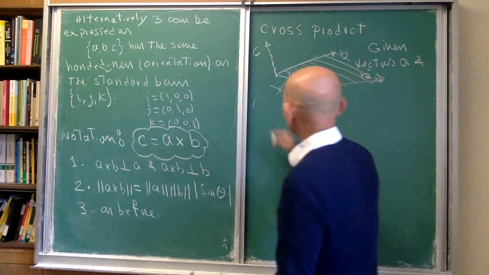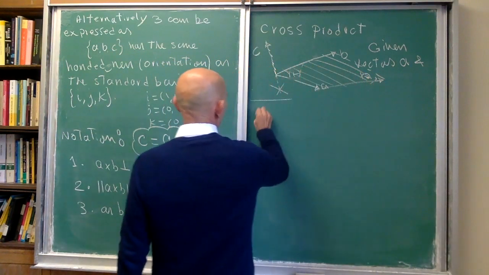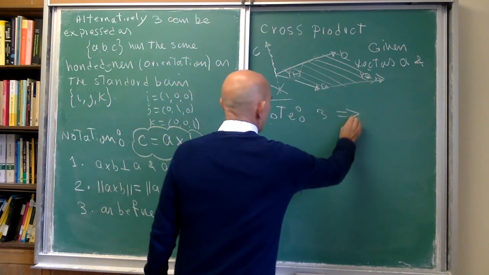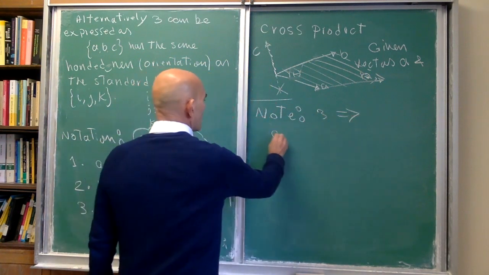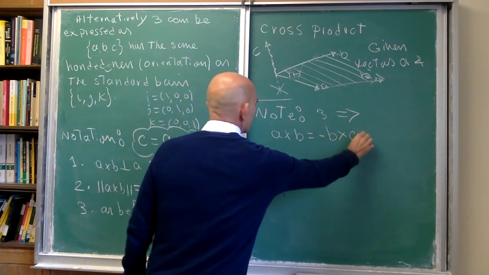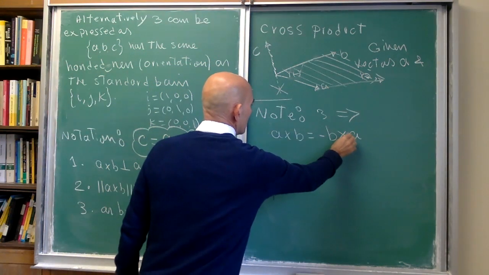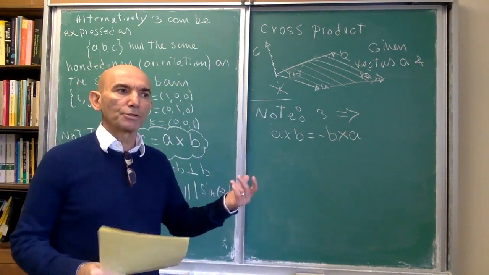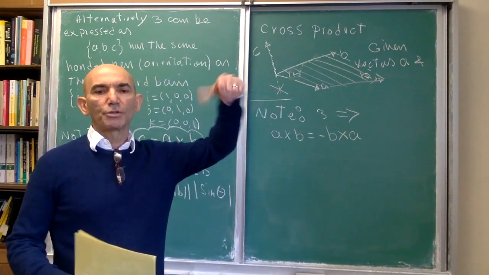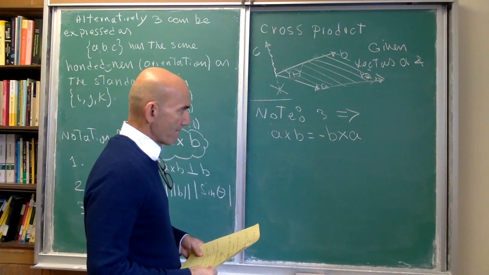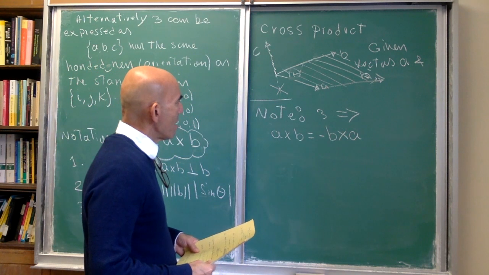Note that 3 implies that A cross B is equal to minus B cross A. Because if you change the order, you follow the thumb rule, you are pointing your finger in the opposite direction. That's very easy to verify.